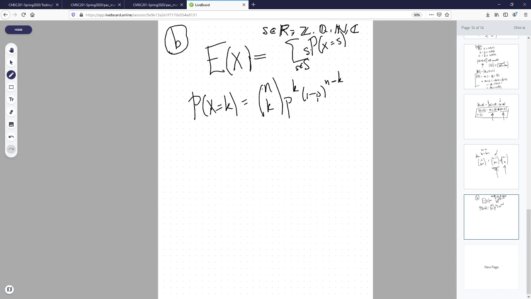It just has to be something that can be added, right? The plus sign has to make sense, and also times, because we need times for the probabilities. So yeah, it has to be a ring of some sort. Anyway.